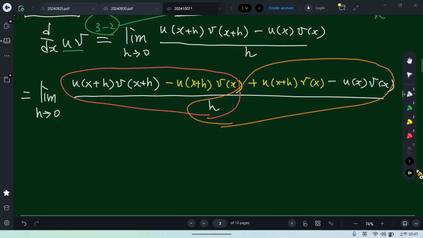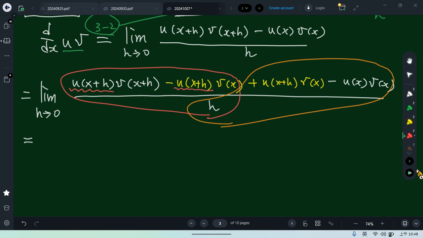Minus, okay. So let's continue so that we can get the red part. You can see we have a common term here and also here, right?